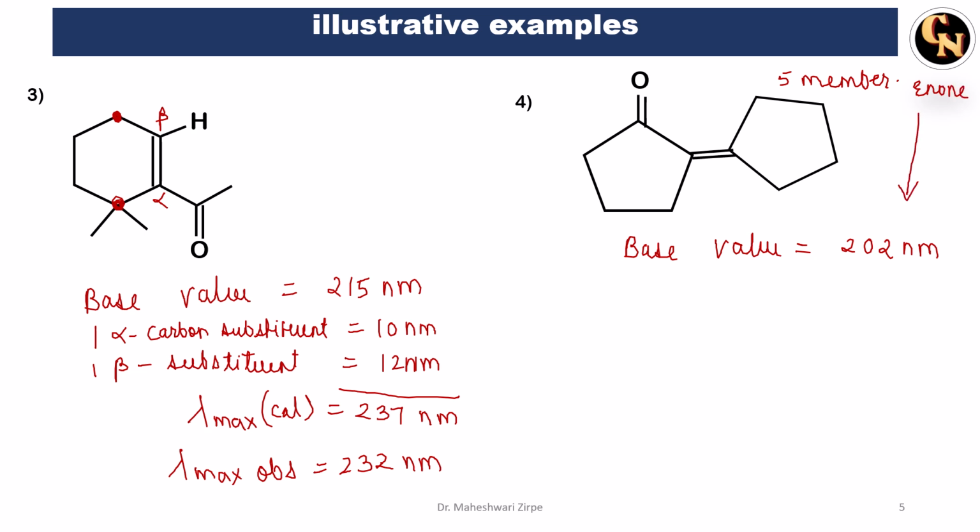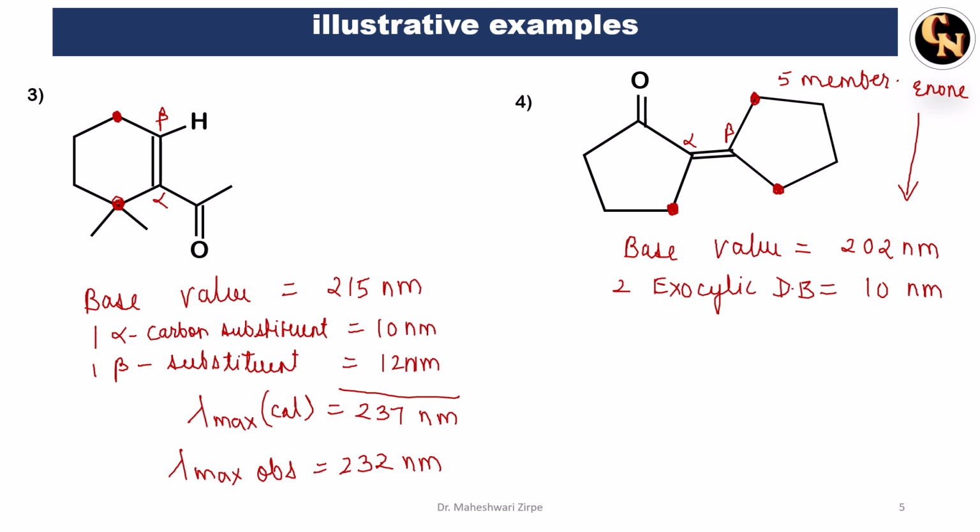Then what else are we going to add to this? There are two exocyclic double bonds, so 2 into 5, that is 10 nanometers you are going to add. Then suppose this is your alpha carbon, this is your beta. For alpha carbon there is one substituent, that is the CH2 group. For beta carbon there are two substituents, correct?